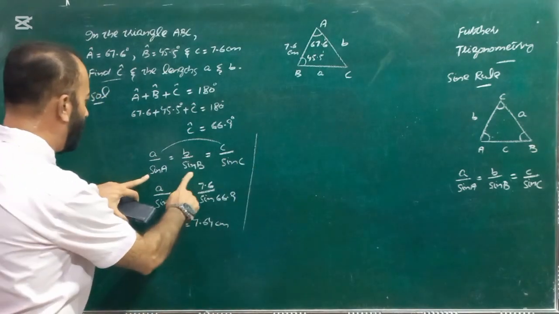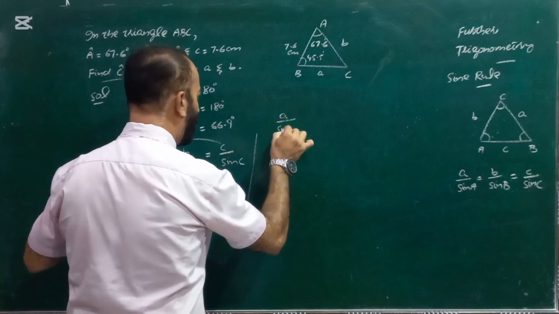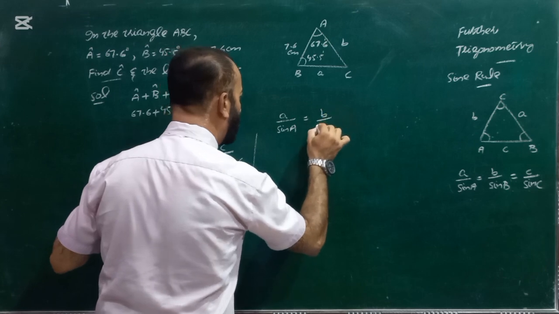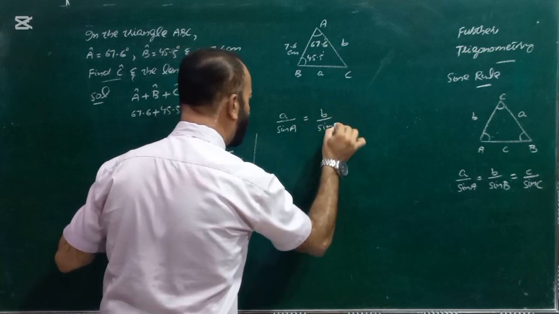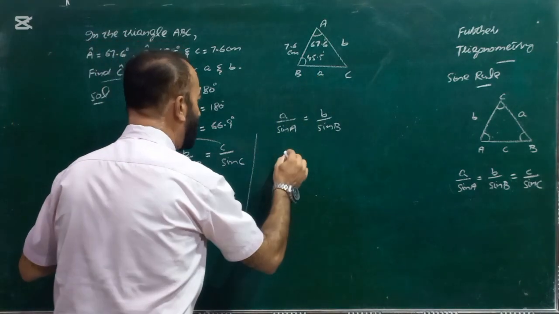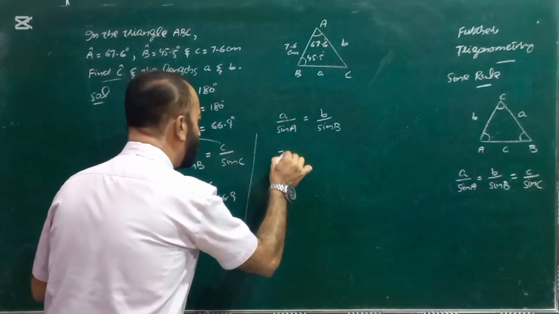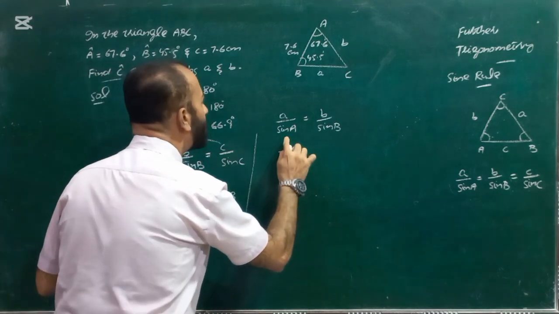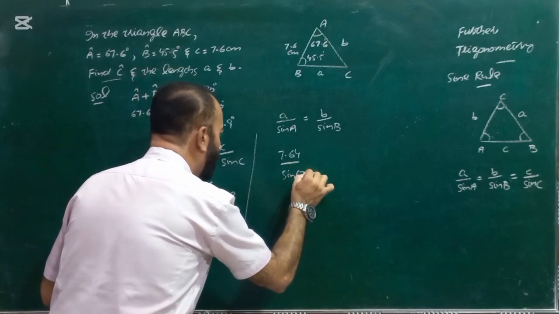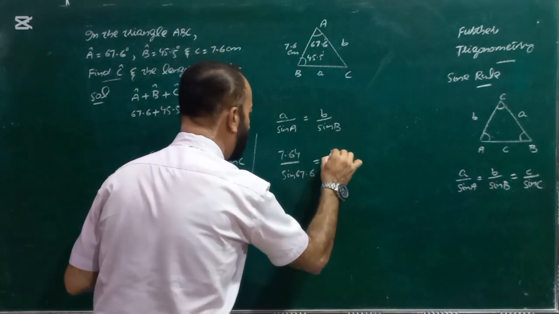Okay, now you may take these two values equal. A over sine A is equal to B over sine B. Now putting values into it, A is missing. Rather, A is here now, 7.64, over sine A, which is sine 67.6, is equal to B. B is missing.